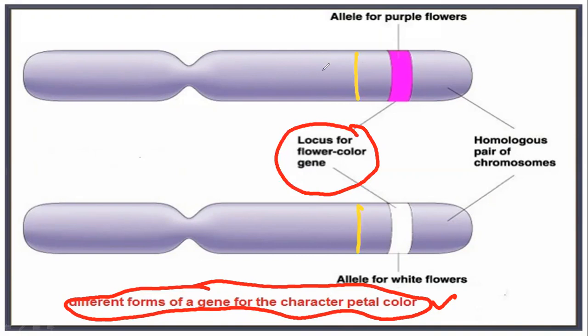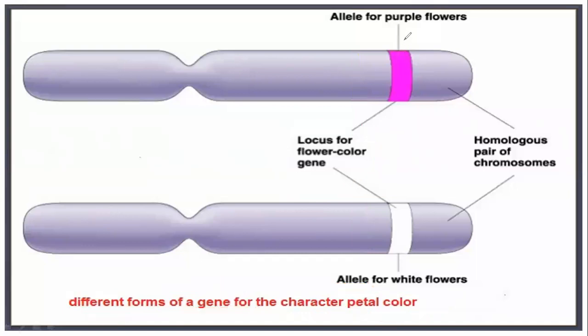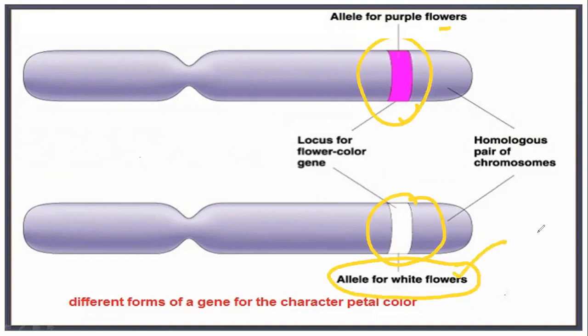So these are different characteristics. They have the same locus on the homologous chromosome, but they can have the alternative form of a similar gene. So if this is the allele for purple color, there is a gene which will have the color for white flower. So you get the alternative form.